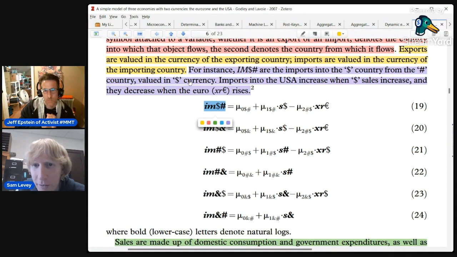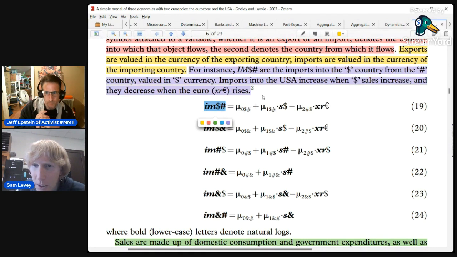Yeah, I think that's right. So this is telling us, here's our equation that's going to tell us how much the U.S. is importing from this country. Businesses decide to import stuff from abroad, and here's how they decide.